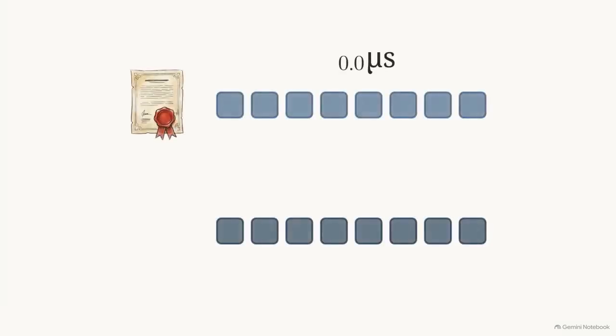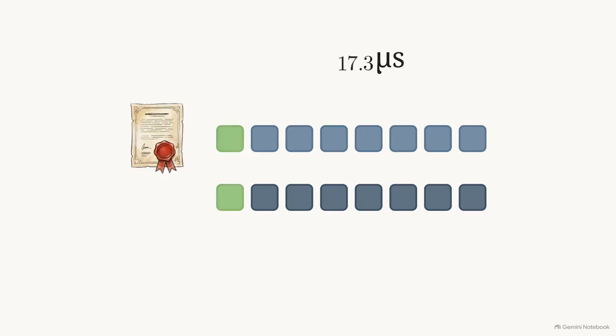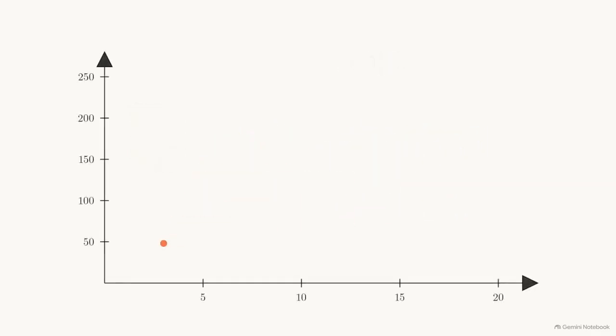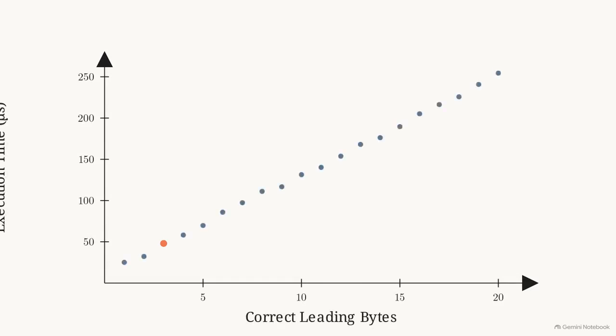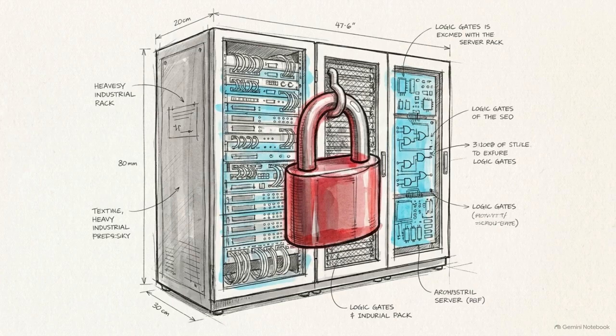The console verified signatures byte by byte, stopping immediately upon encountering a mismatch to save time. By mapping execution time against correct data, an attacker measures slightly longer comparisons to confirm a correct byte, cracking the signature sequentially. This exact same hardware bootloader concept scales directly up to high-level web server authentication.